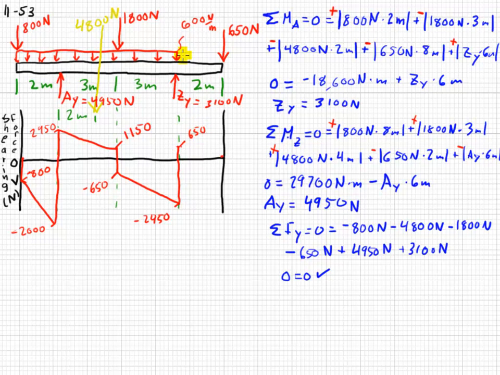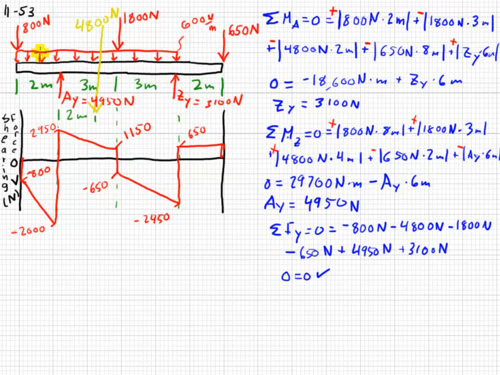And now we have no load at all here, so that means we have no change. So it's just straight across. And finally we have that last 650 Newton force, and we go down to 0 as expected.